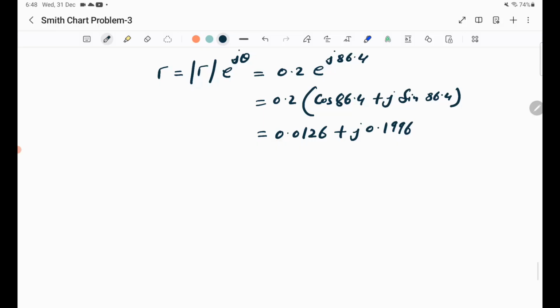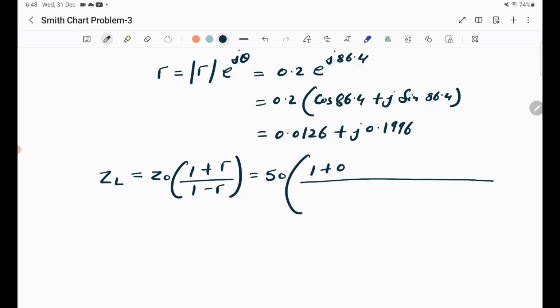Now if you put this value of reflection coefficient in the formula of the load impedance ZL, which is given by Z0 into 1 plus gamma divided by 1 minus gamma, it will turn out to be 50 into 1 plus 0.0126 plus j0.1996 divided by 1 minus 0.0126 minus j0.1996.